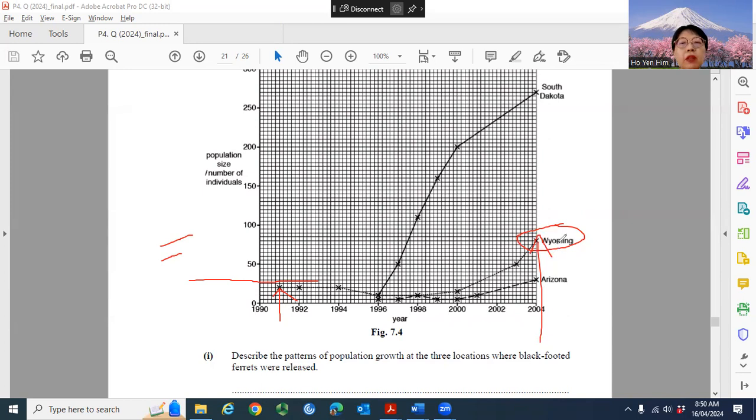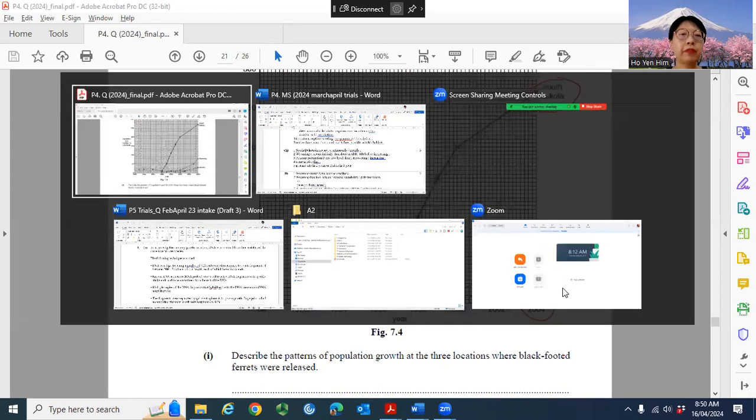Okay, same location, 2 years, or you can compare 2 locations. So I can compare South Dakota, warming, and also Arizona in the year 2004. What is the total number? So I can compare these 3 locations in a particular year, or I can compare 1 location in 2 different years. Okay?